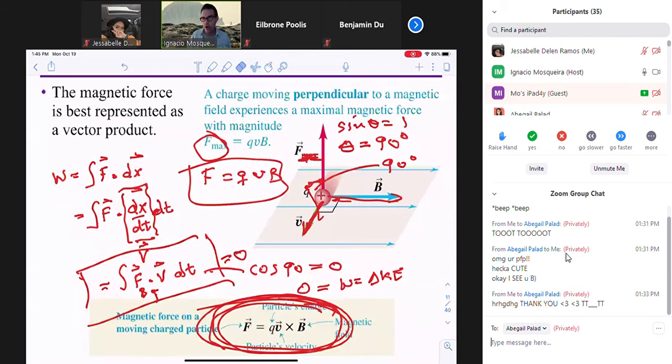Given our force law we just wrote, q v crossed B field, from that force law I can prove, and I prove it here very simply, that the magnetic force cannot do work.